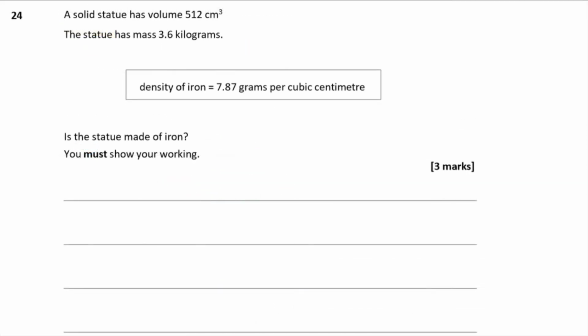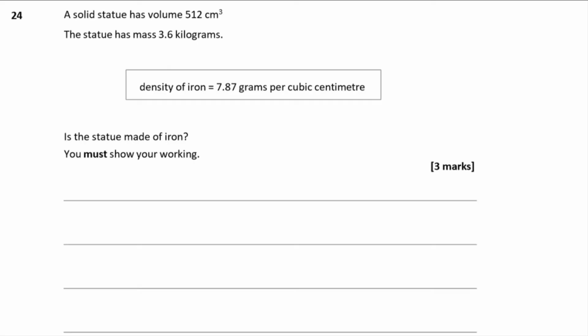Question 24. A solid statue has volume of 512 cubic centimeters. The statue has mass of 3.6 kilograms. And we're told that density of iron is 7.87 grams per cubic centimeter. Is the statue made of iron? You must show your working.